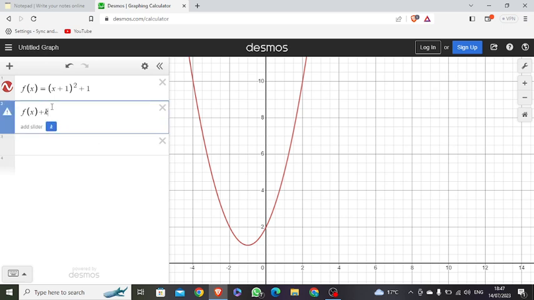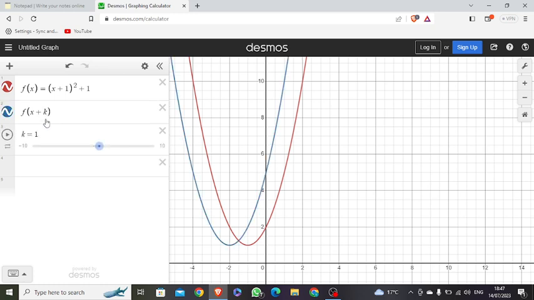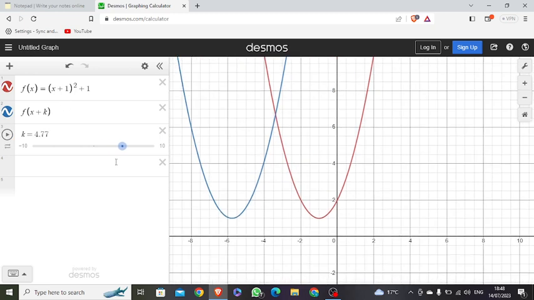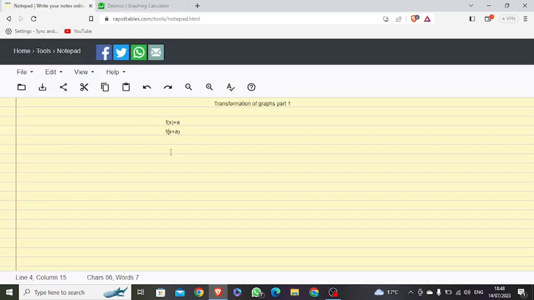Now let's do something a bit different. Let's do f(x plus k) here. What happens is it moves horizontally by negative k units. Write this down please.